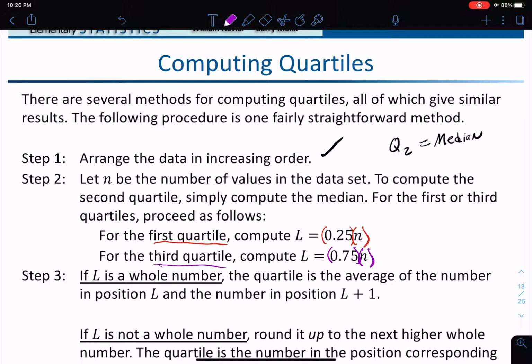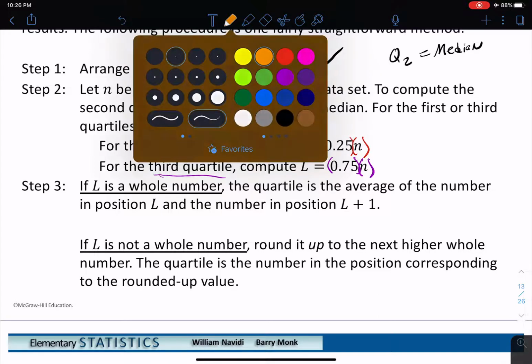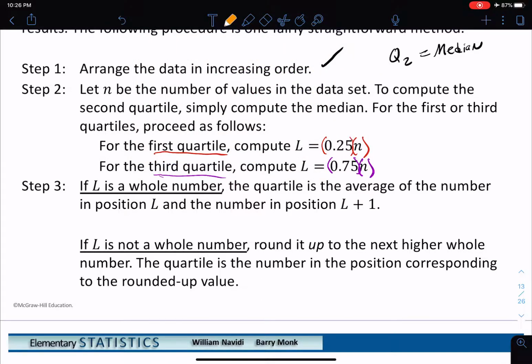So that's pretty easy. Now you've got to do something with the results. This is where it gets maybe a little trickier, but not too bad. Check it out. It says if L, the result of this multiplication, is a whole number, then L is a position. So if L was 14, it means the 14th position, the 14th piece of data.